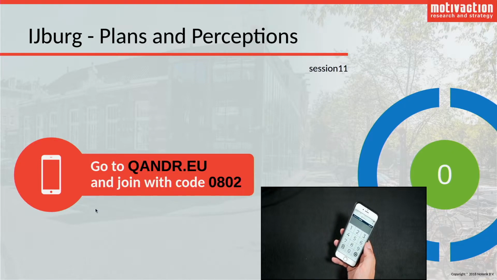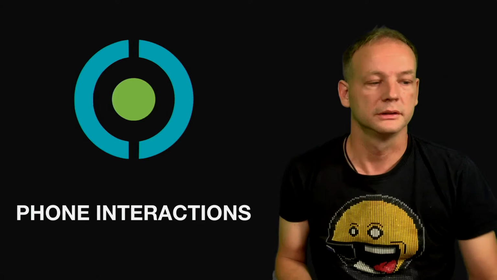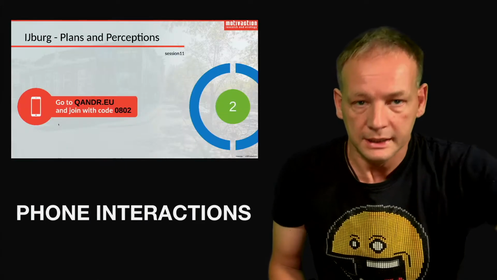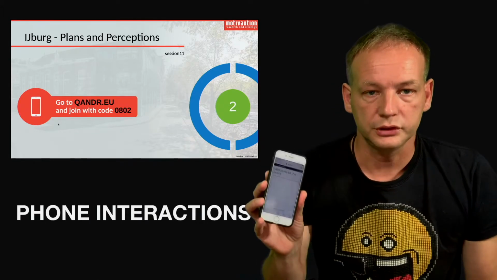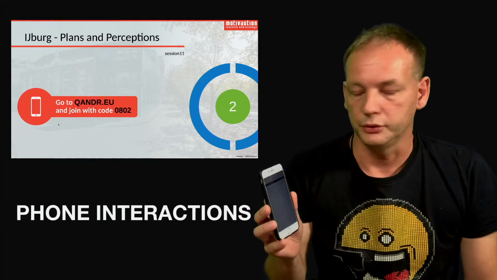It's very hard to do something difficult here. And now the code is 0802, and you see on the main screen that my phone is already coming in, and my colleague will also join. Let me go back to this version. So we have two phones inside now, and the phone says welcome to the event.